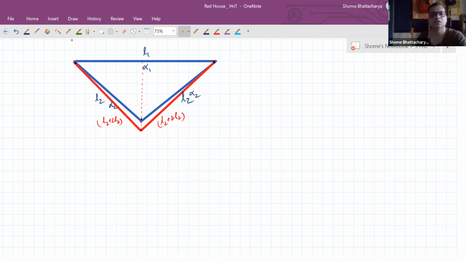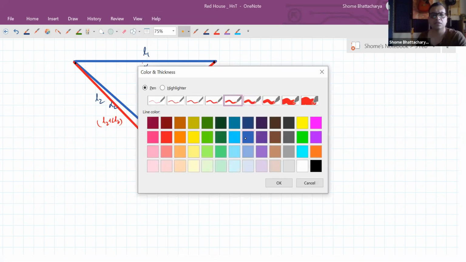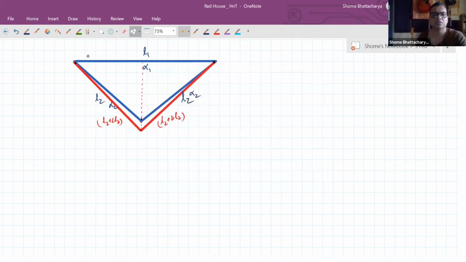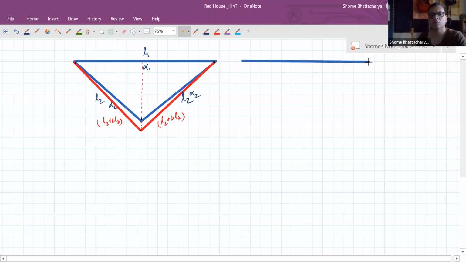Similarly, if only the top one were expanded and the other two of equal lengths L2 were kept at the same shape, then the opposite effect would occur, the height would tend to decrease.